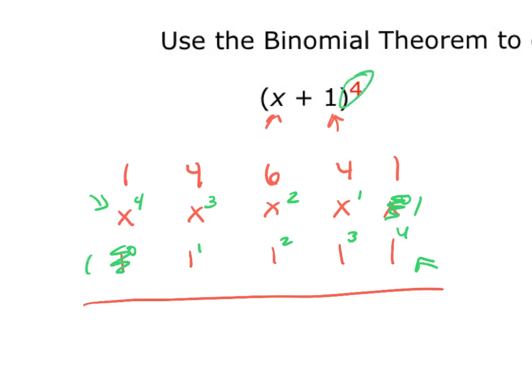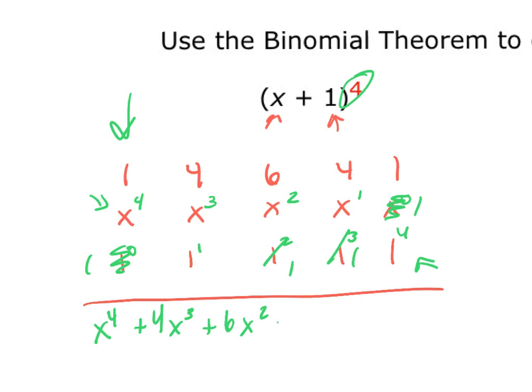And now we multiply down. So 1 times x to the fourth is x to the fourth. 4 times 1 times x cubed is plus 4x cubed, right? All right, so then 1 squared is just 1. So 6 times 1 is 6x squared. 1 cubed is 1.